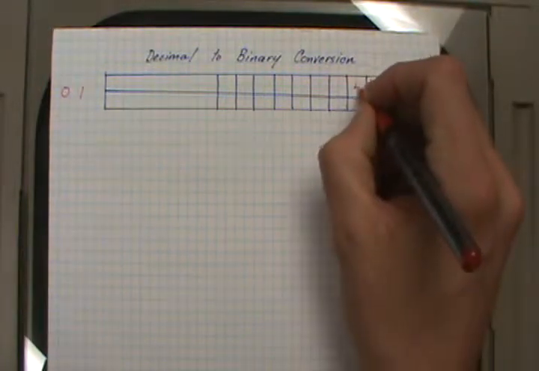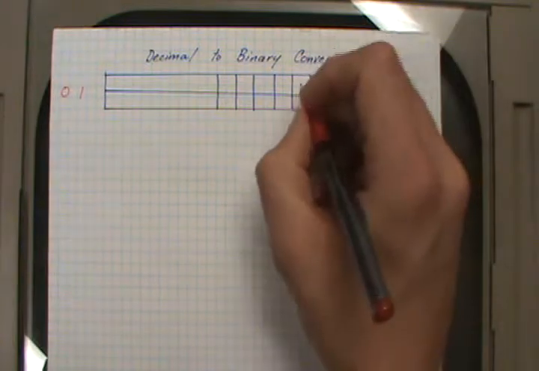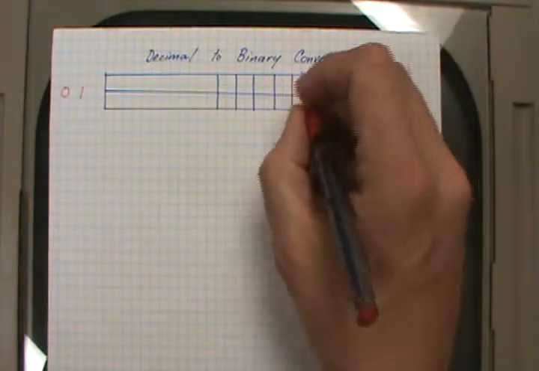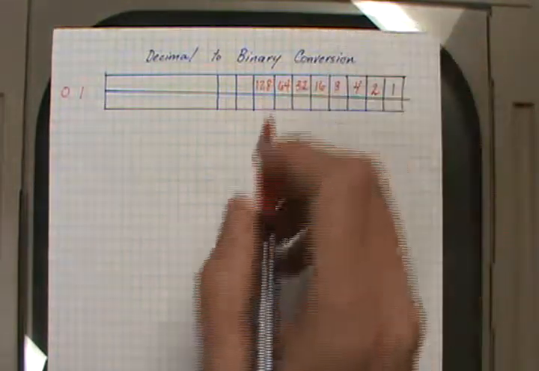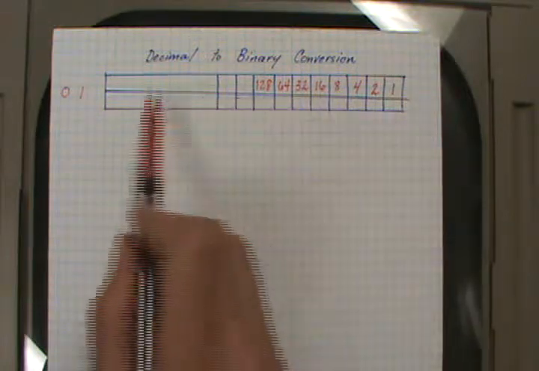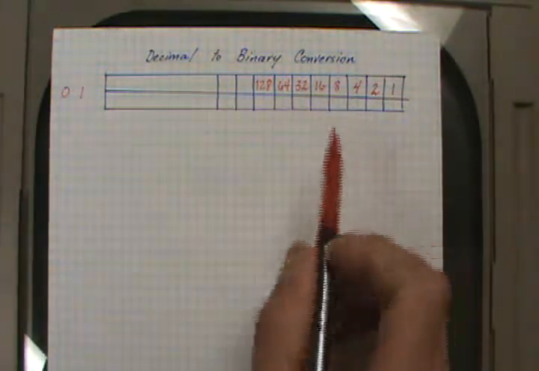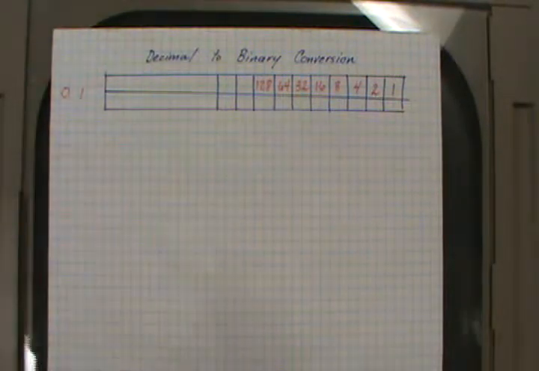So it's going to run 2, 4, 8, 16, 32, 64, 128. Right. So we're getting pretty close there. I don't want to stretch it out too far, just for the sake of getting a basic understanding.